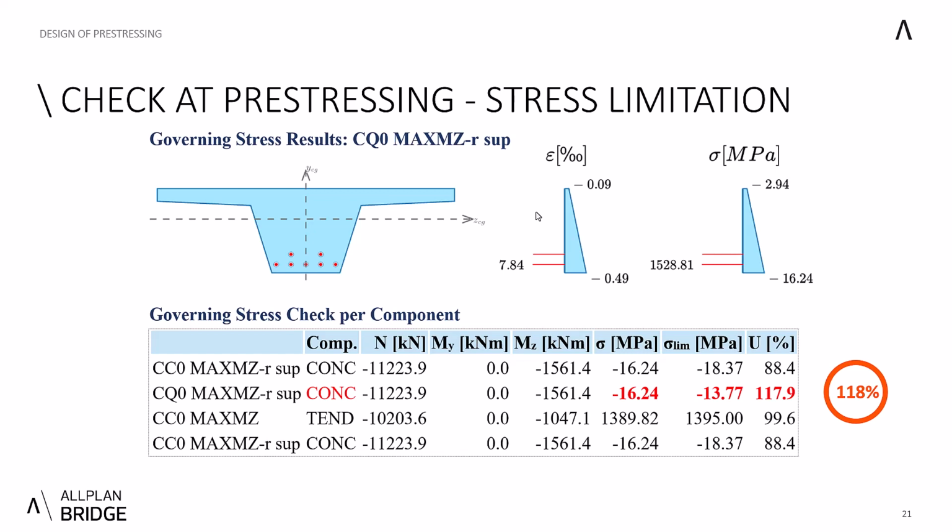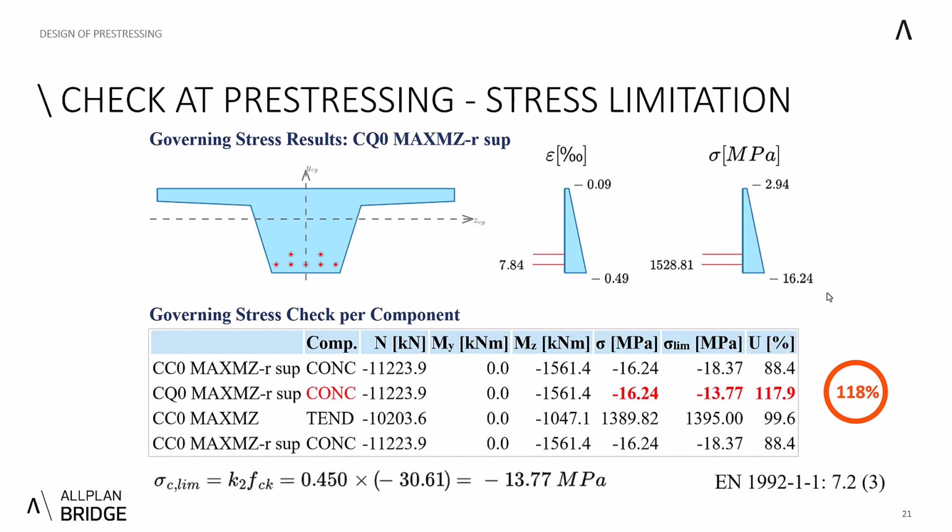For that reason, we generated the report snippet related to the stress limitation check. As you can see, the compression in bottom fibers, minus 1624 megapascals, is too high compared to the limit, minus 1377 megapascals.